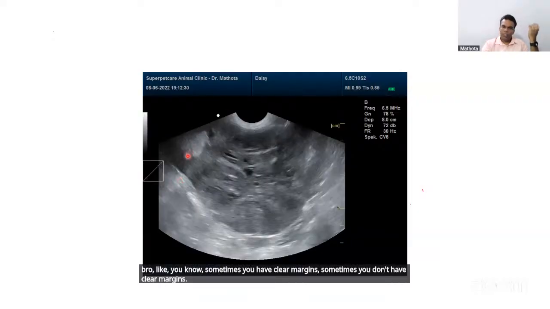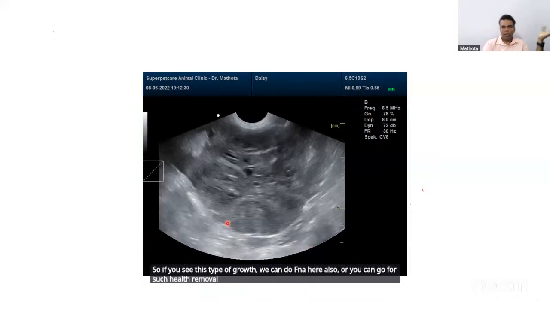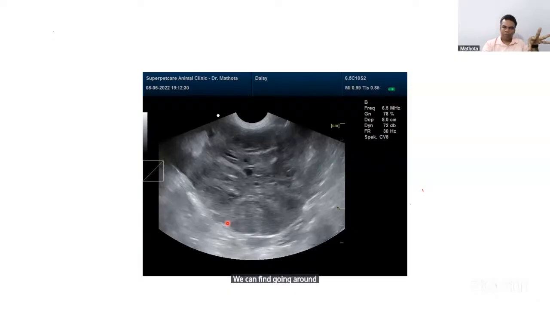So if you see this type of growth, we can do FNA here also, or you can go for surgical removal if there's no attachment to any other organ. When you describe this type of lesion, you have to look for attachment. If there's any attachment to any other organ, we can find it by going around this structure.